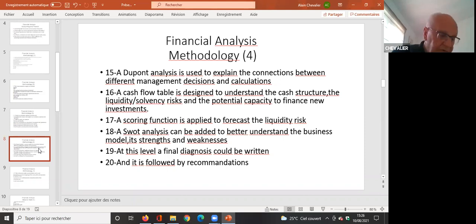So you have to know all these methods, cash flow tables, DuPont, scores, ratios, equilibriums, and so on. But the main points are there, 19, 20.